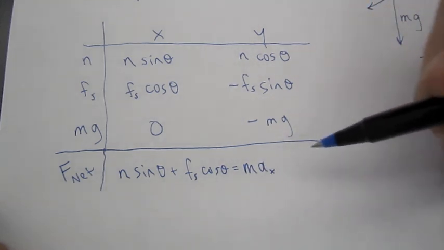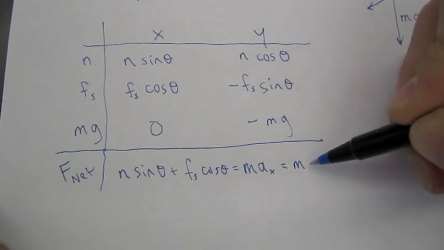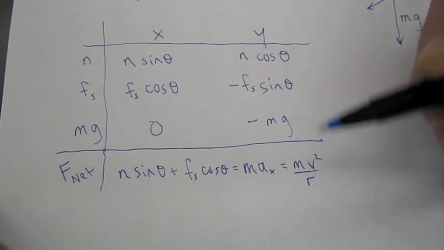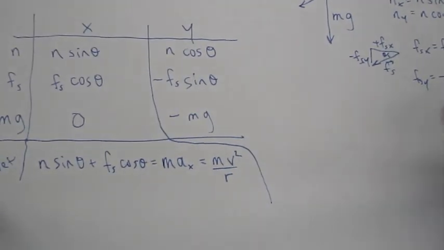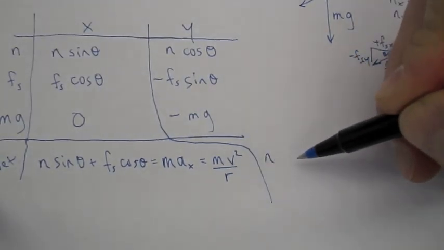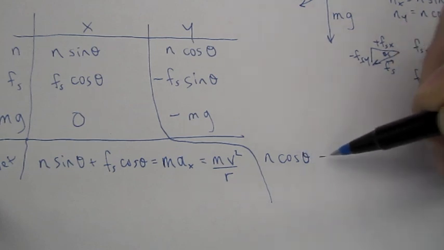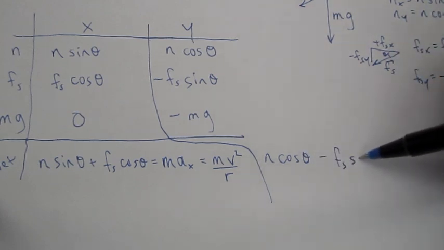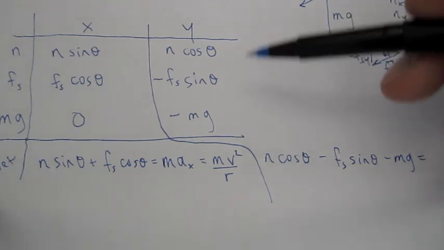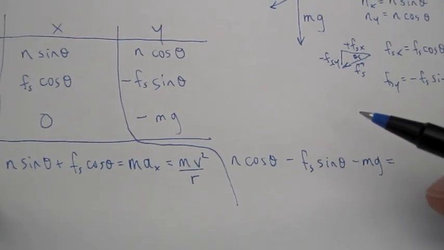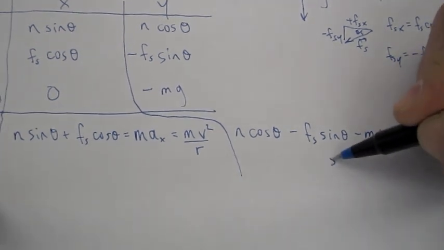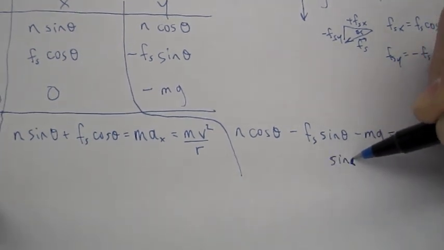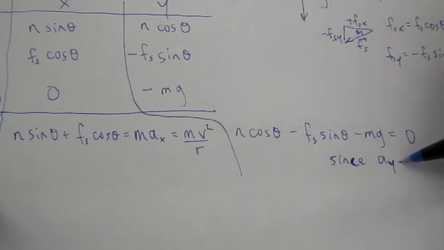be the centripetal acceleration, equal to mass times v squared over r. And then that's the x component. In the y component, we have n cosine theta minus f sub s sine theta minus mg is equal to the net force in the y direction, and it's not accelerating up or down, so that equals 0 since a sub y equals 0.